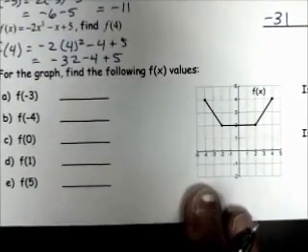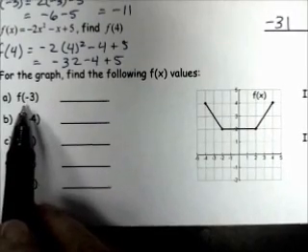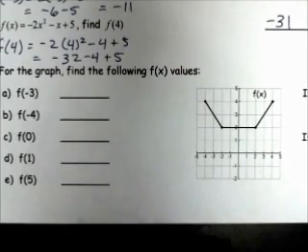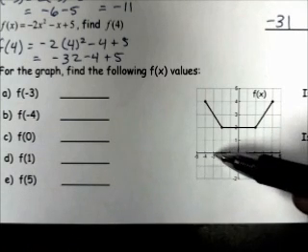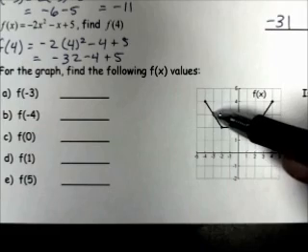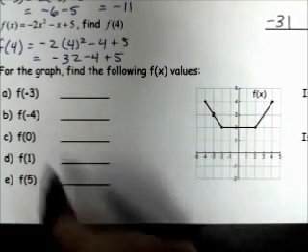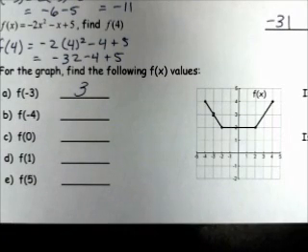Now number 3. For the graph, find the following f of x values. So f of negative 3. So for an x value of negative 3, what is our y value on the graph? We would be right here. And what is our y value? 3. f of negative 4.